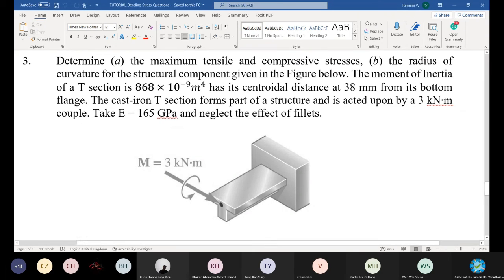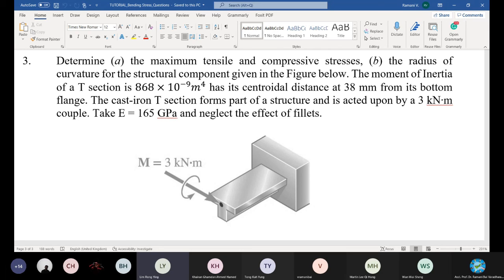Determine the maximum tensile and compressive stress, and the radius of curvature for the structural component given in the figure below. The moment of inertia of a T section is 868 times 10 to the power negative 9, and it has its centroid distance at 38 millimeters from its bottom flange.